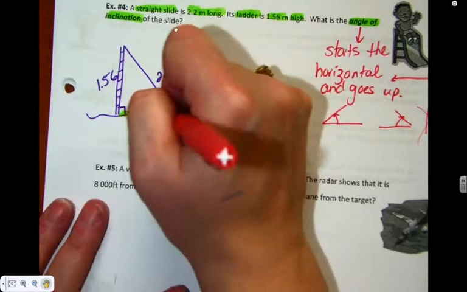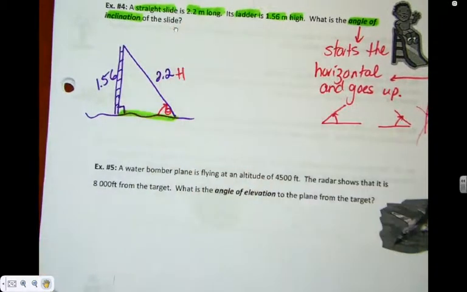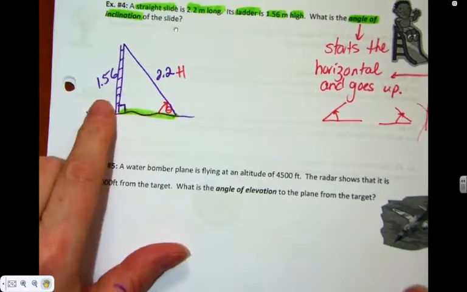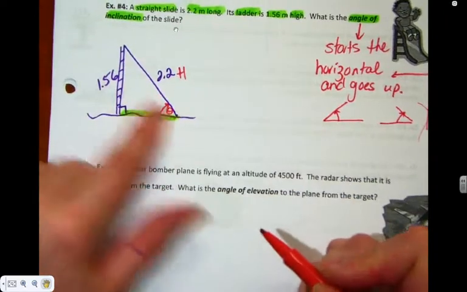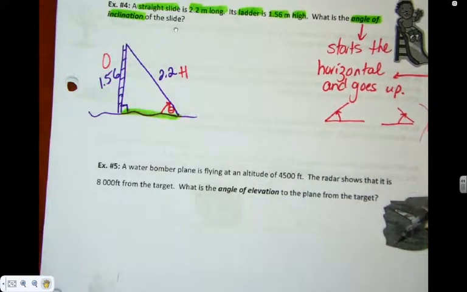So let's put an x, a theta, some kind of variable, doesn't matter. We need that in order to label the 1.56. 1.56 has to be opposite. Formula?